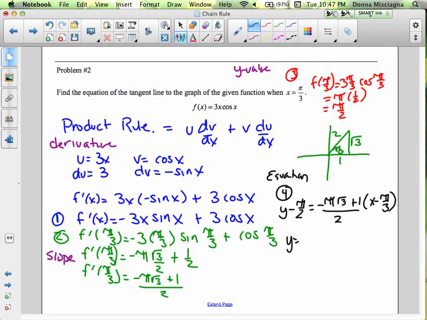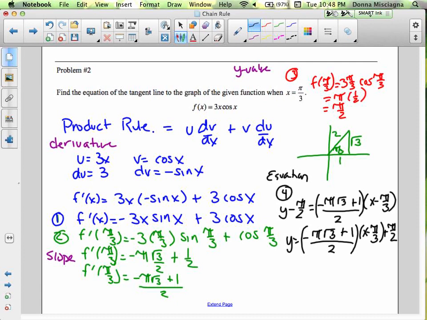Y equals negative pi square root of 3 plus, oh, it's the whole thing, whole thing plus 1 divided by 2, all multiplied by x minus pi thirds plus pi halves.